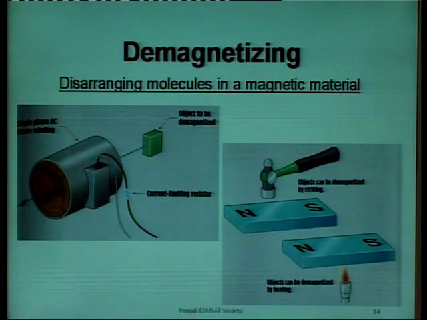Objects can also be demagnetized by striking: if we strike the object heavily with a hammer, it can be demagnetized. They can also be demagnetized by heating the materials.